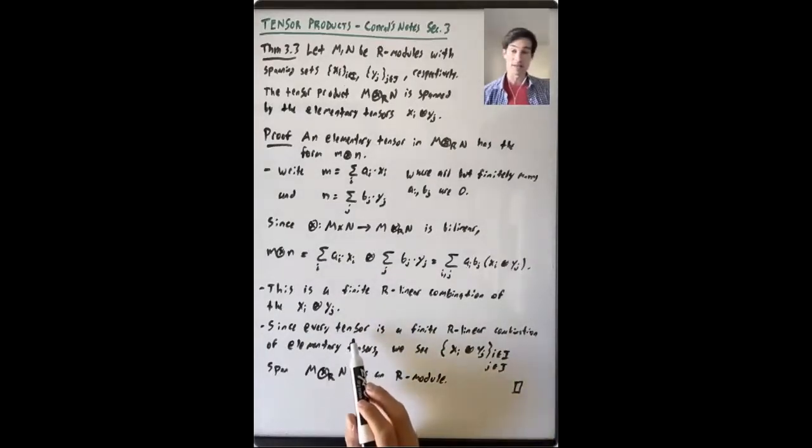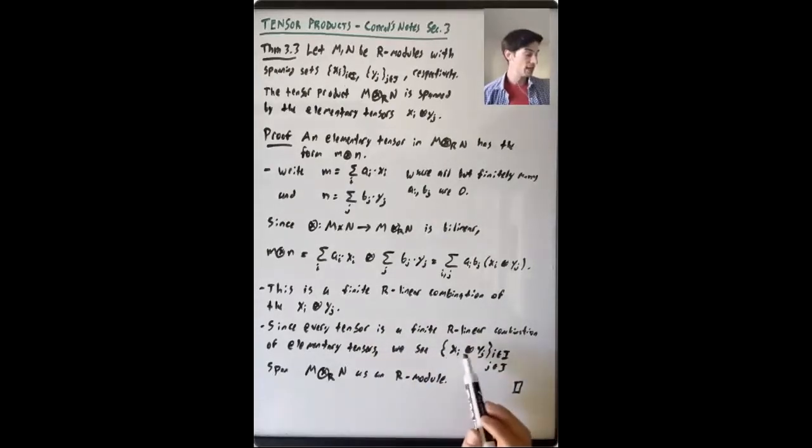And every tensor is a finite R linear combination of elementary tensors. We have seen in the previous lecture that the elementary tensors generate the tensor product as an R module. So what does that mean? This set of these special elementary tensors, x_i tensor y_j, these span M tensor N as an R module.